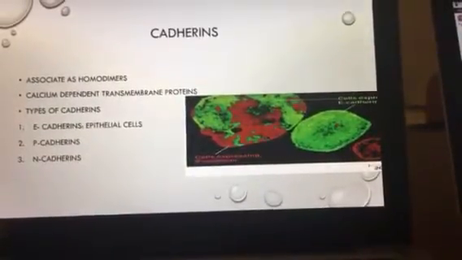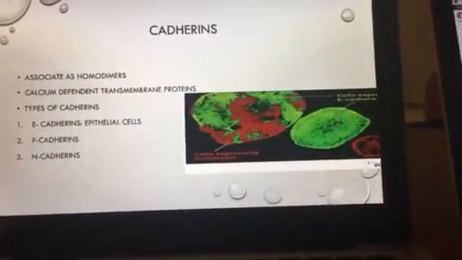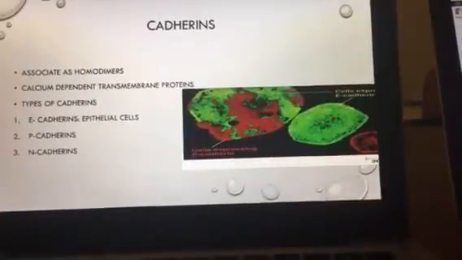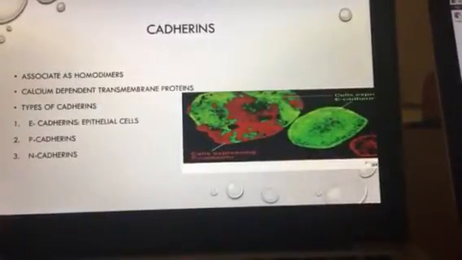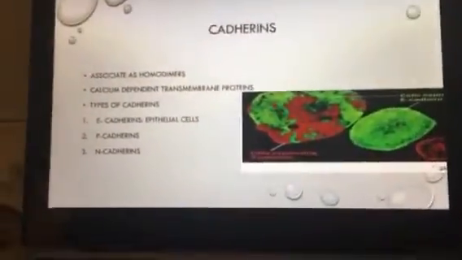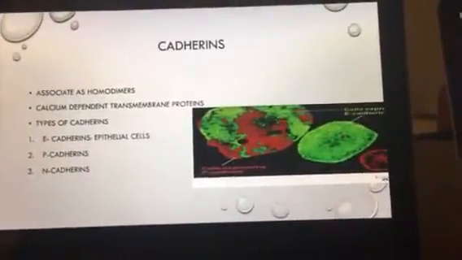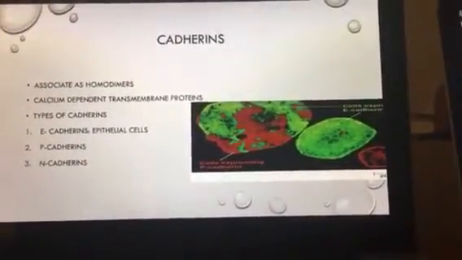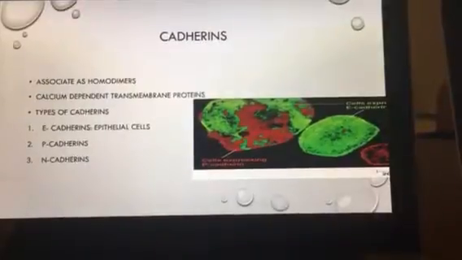These groups of cadherins started to attach to one another. As you can see, the green E cadherins attached to the E cadherins, and the P cadherins attached to the P cadherins. Here we can see the homophilic interaction that we spoke about before.